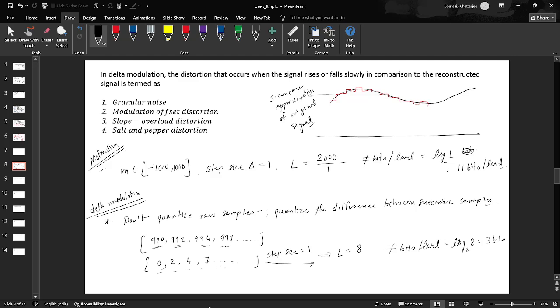And that is the key feature of delta modulation.